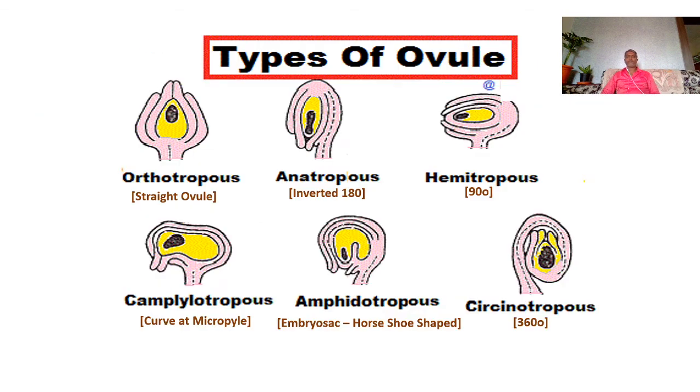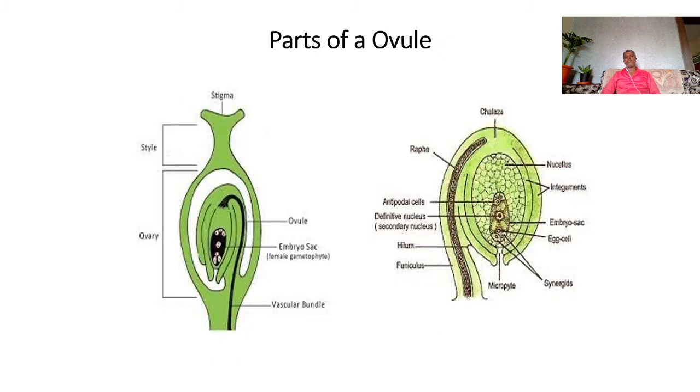regarding the nucellus, based on the amount of nucellus, in angiosperms the ovules are of two types, the crassinucellate and the tenuinucellate. In crassinucellate, the amount of nucellus is massive, whereas in tenuinucellate, only a single layer or no nucellus is seen.